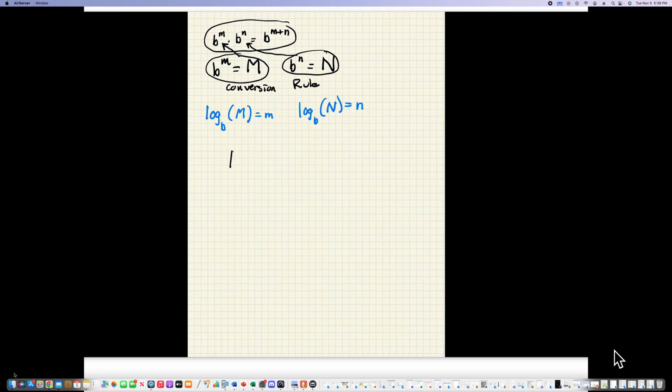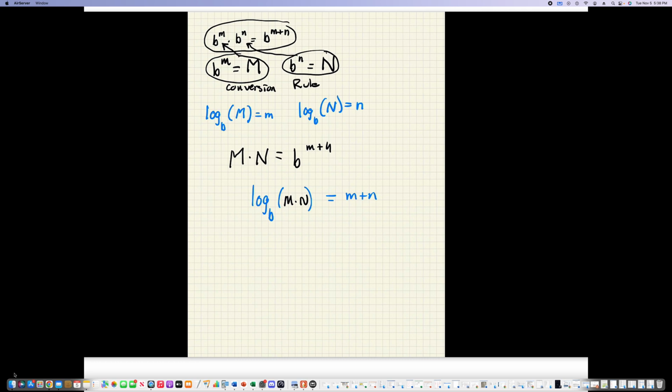So that means capital M times capital N equals b to the m plus n. I keep jumping ahead of myself here, I apologize. Now we're going to take this statement and do the conversion rule similar to what we did up above here. So log base b of capital M times capital N is equal to m plus n.